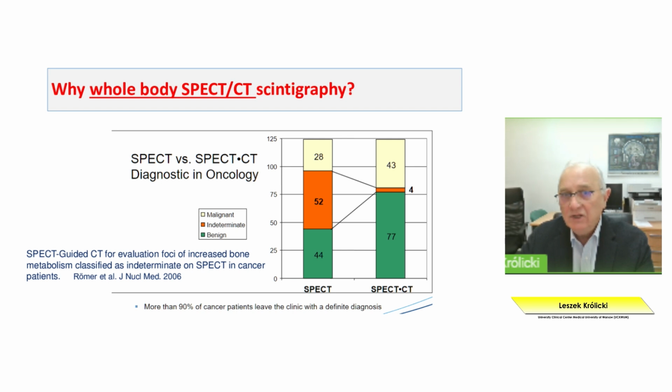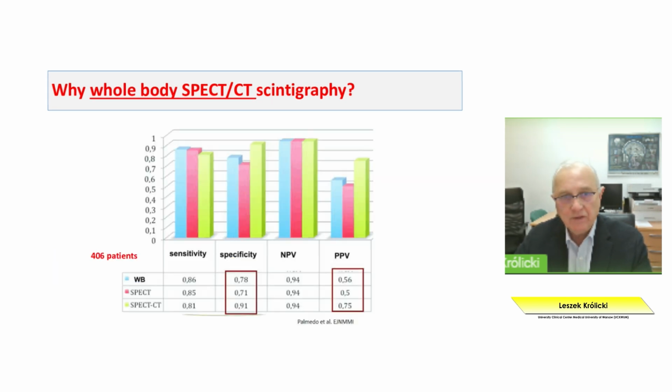Once SPECT CT was introduced, the number got reduced to 4 examinations that were not accurate or specific enough. So it clearly shows that the role of hybrid examination is much better. It allows us to accurately assess, diagnose the functions and morphology of the tissue.